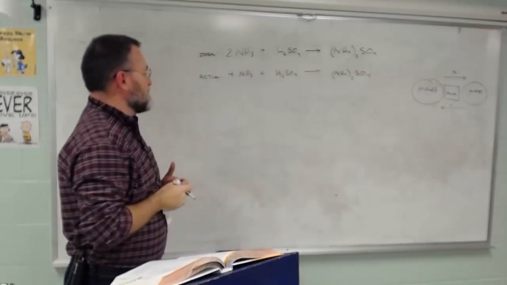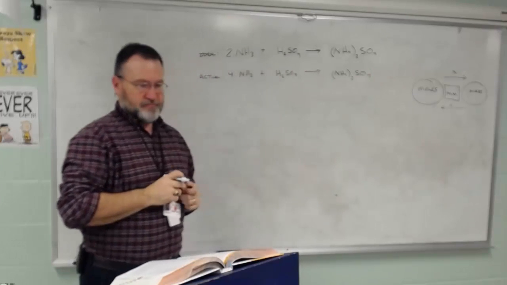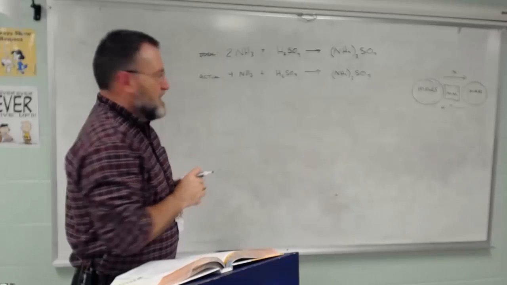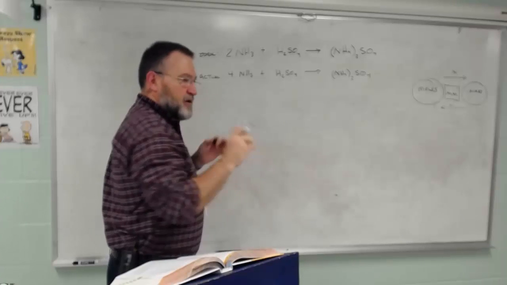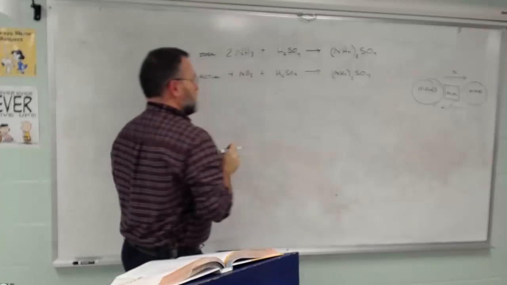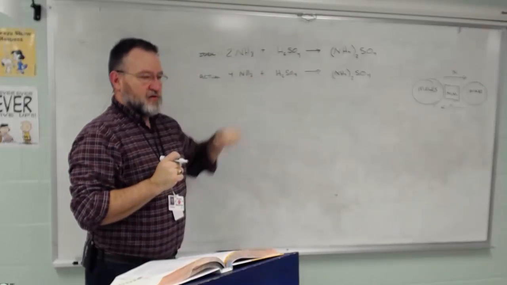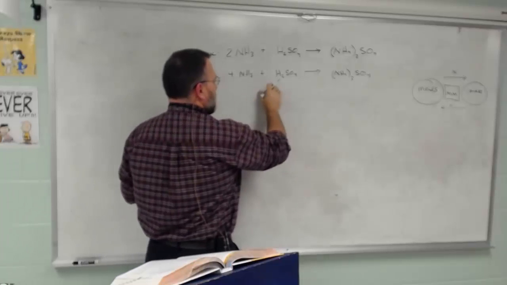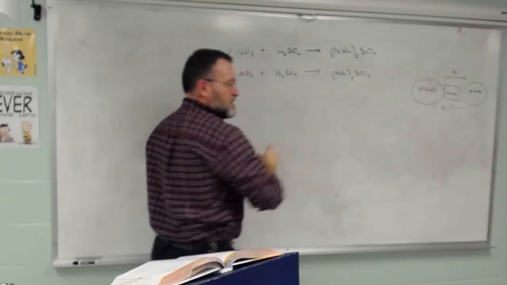It's going to produce a certain amount, but how much? If I know that the correct balanced equation is 2 and 1 make 1, what am I experiencing here? 4 and 1 make how much?